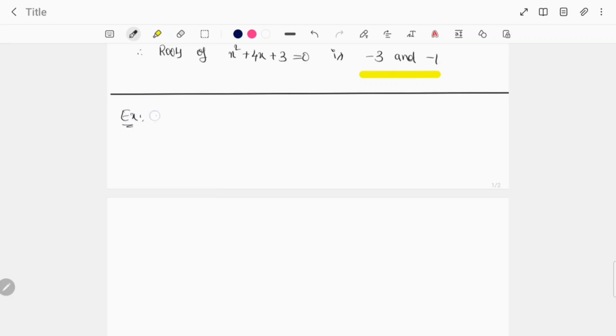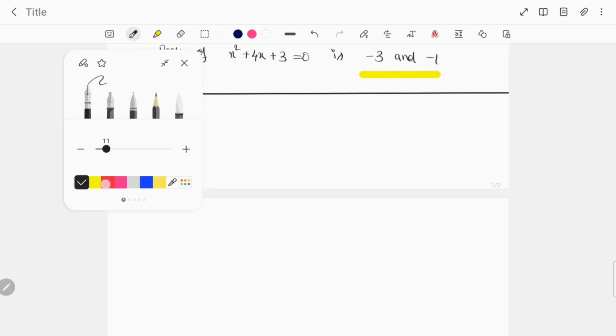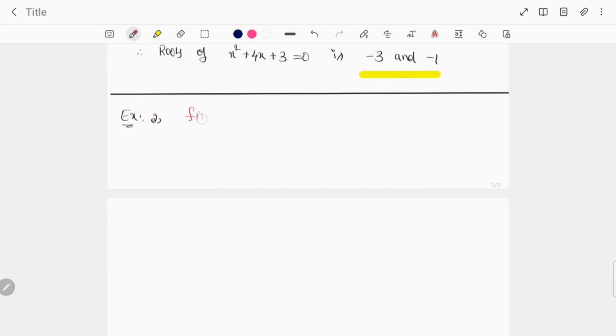Example 2: find the roots of the quadratic equation x square minus 11x plus 28 equal to 0.